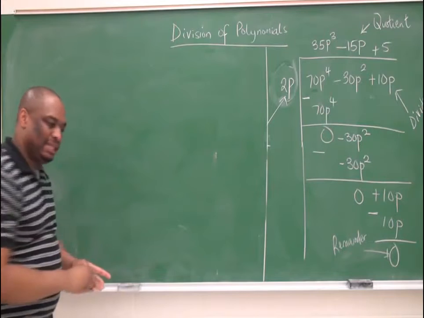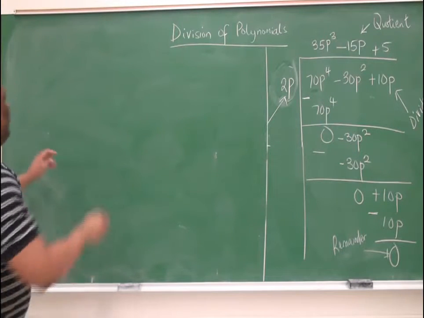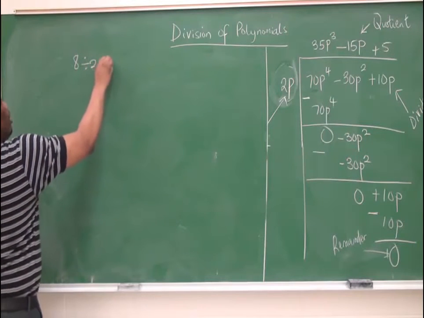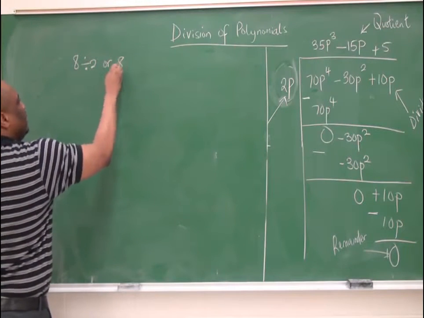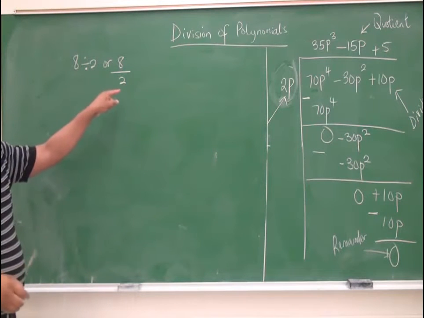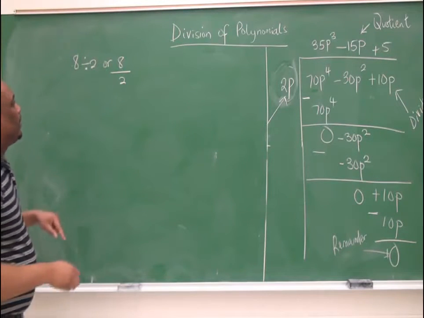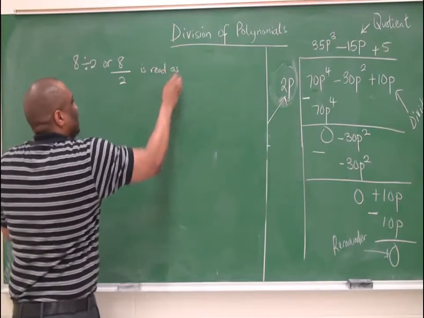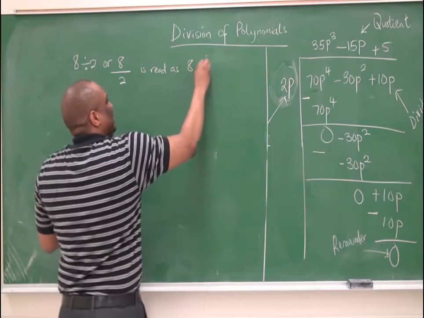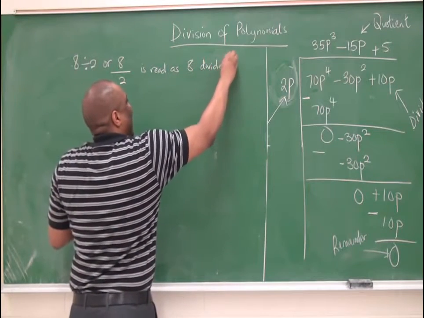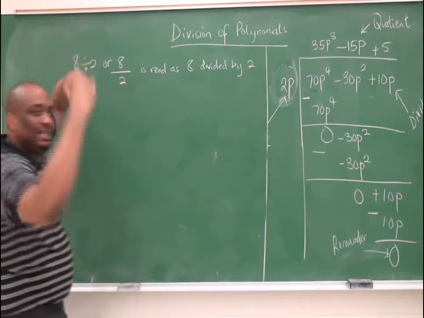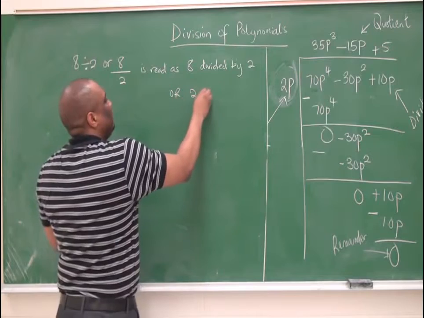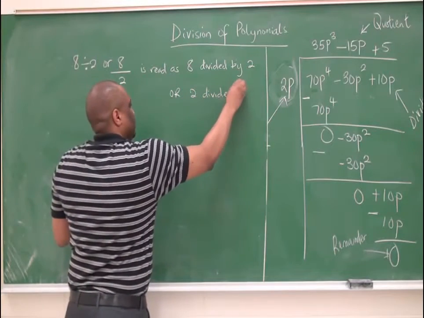Every language has a syntax. So when we have 8 divided by 2, or we can write it as 8 over 2, it is read as 8 divided by 2, or you can say 2 divide 8.